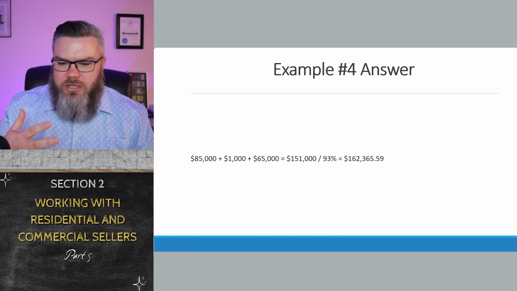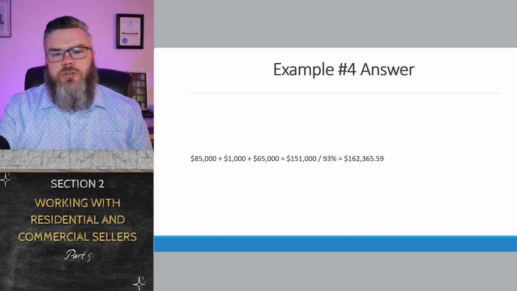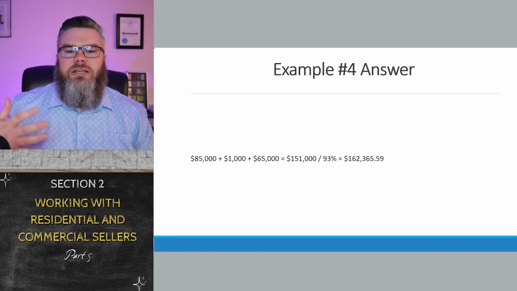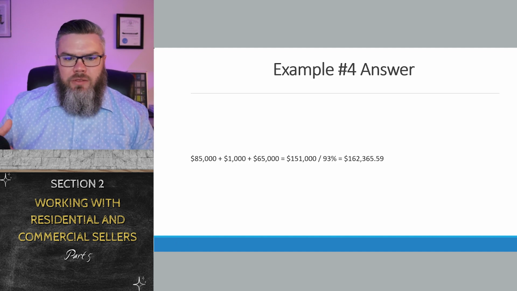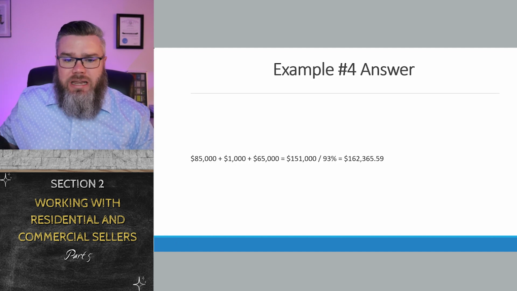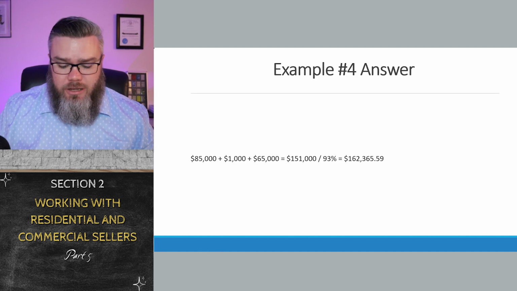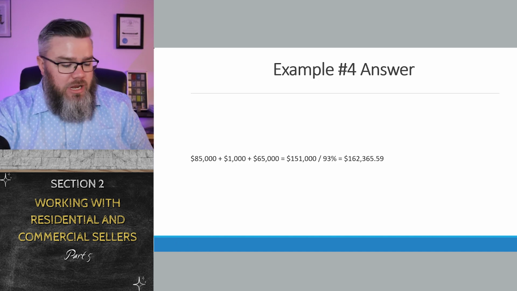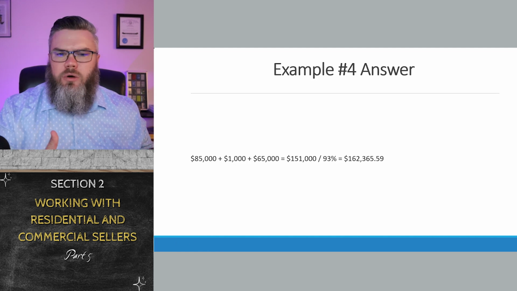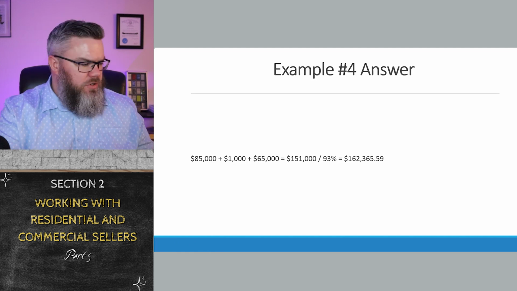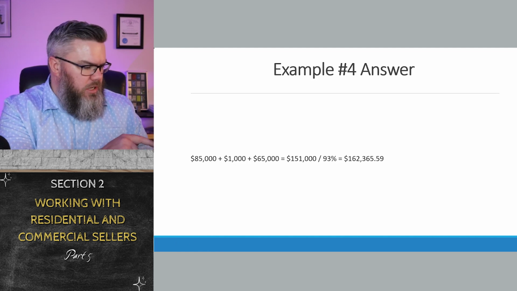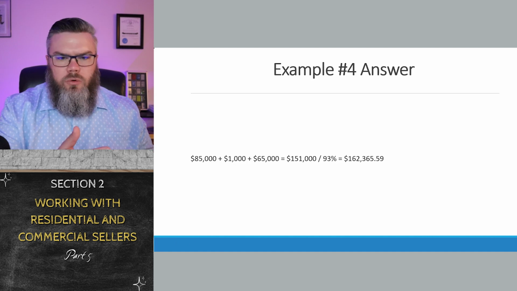Now, I'm going to tell you how this looks in the real world, folks. Imagine you're sitting at a listing appointment with a seller, and they tell you, well, hey, I need to net $70,000. You can do this at a listing appointment. You punch that in the calculator, and you say, well, what's your loan payoff?